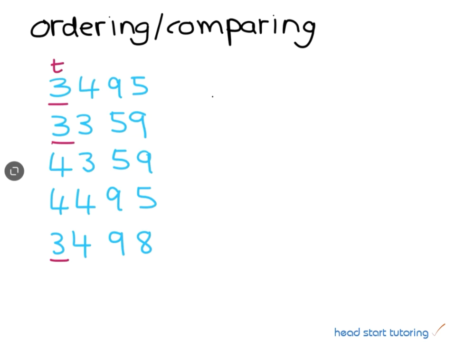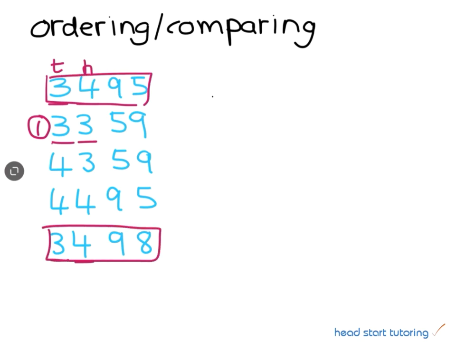So we then have a look at the next place value, our hundreds, and we see that there are 2 4s there, but there is a 3. So we know that this number is going to be the first number when we are ordering, because it is the smallest number.